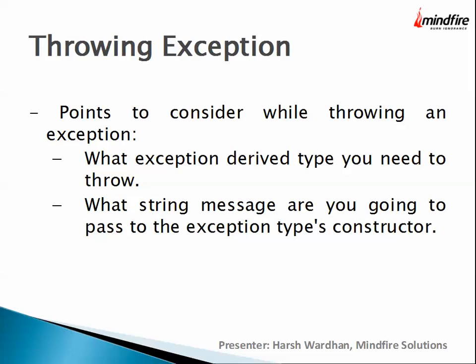Suppose you are dividing by 0. You don't want him to see some file not found exception. You want to tell him that this is a meaningful exception. Then, what string message you are going to pass to the exception's constructor. Again, as I said, this message could give as much detail as you can send to the developer who will be looking at the application.